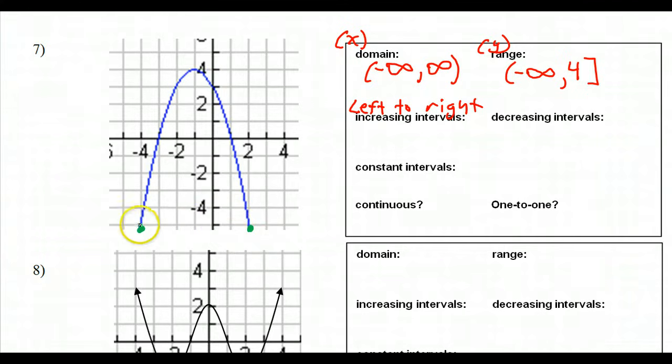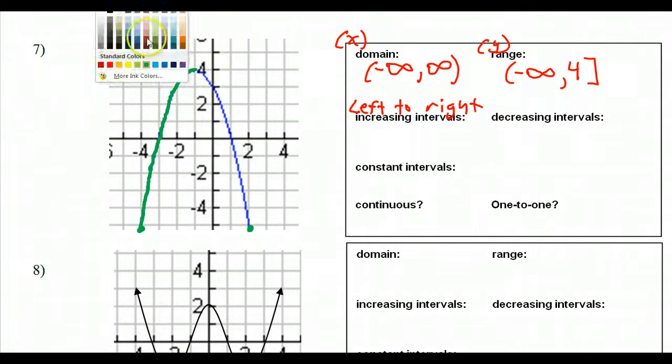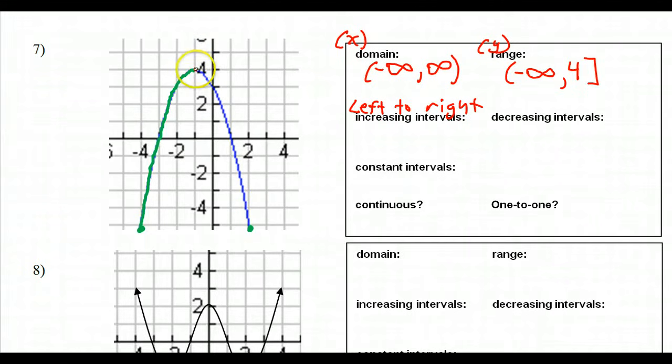So for a while I'm traveling on the curve like this. Now right now I am going up the graph. So that's why right now this is an increasing interval. I'm going up, up, up, up, up, up, up. But at some point I get to the very top of the graph. If I keep going any further, I'm going to start going down, down, down, down, down.